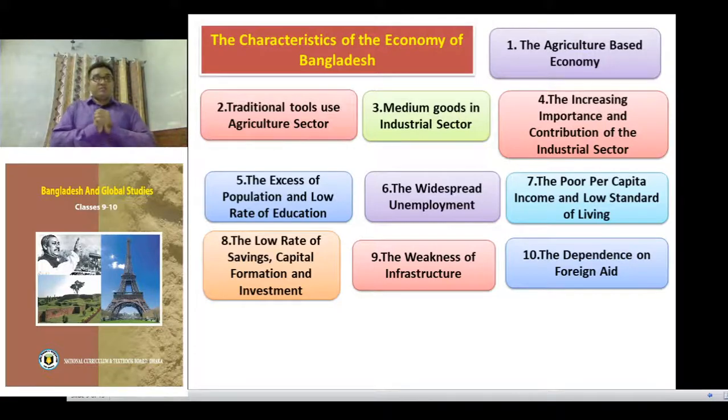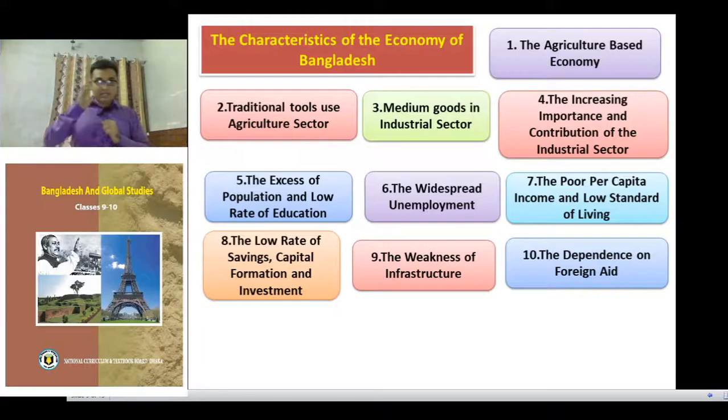But time is changing, the situation is changing. Now we are trying to make ourselves self-reliant, and we are trying to avoid getting foreign aid from foreign countries. So this is one of the characteristics of the economy of Bangladesh.